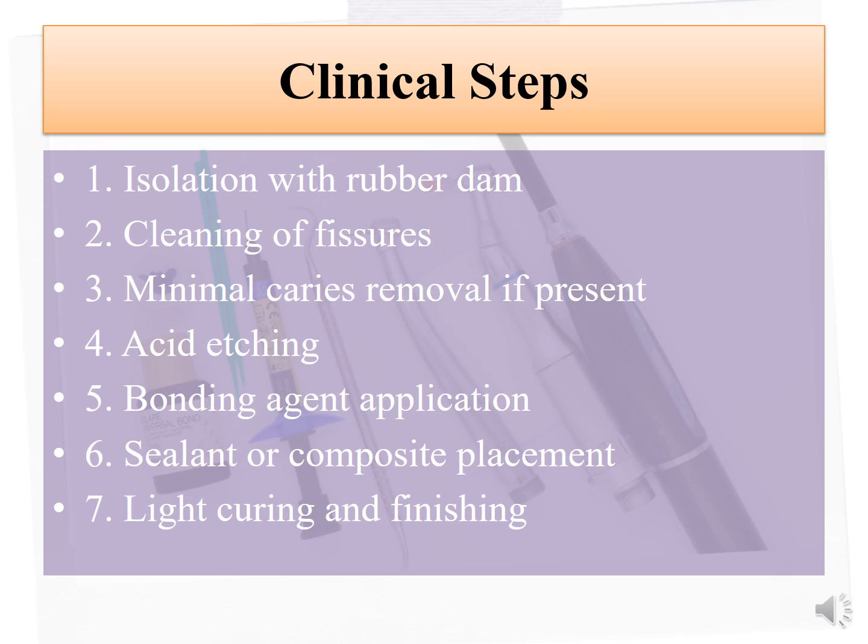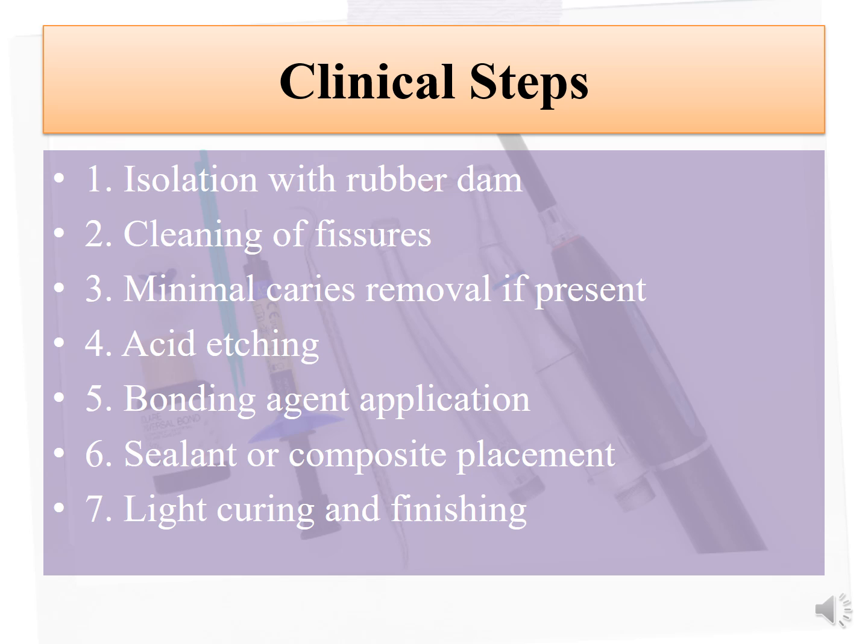Step 4. The prepared fissure is etched with phosphoric acid for about 15 to 30 seconds, then rinsed thoroughly and dried. Step 5. A bonding agent is applied and light cured. Step 6. The composite or sealant material is placed carefully into the fissure and cured with the light.